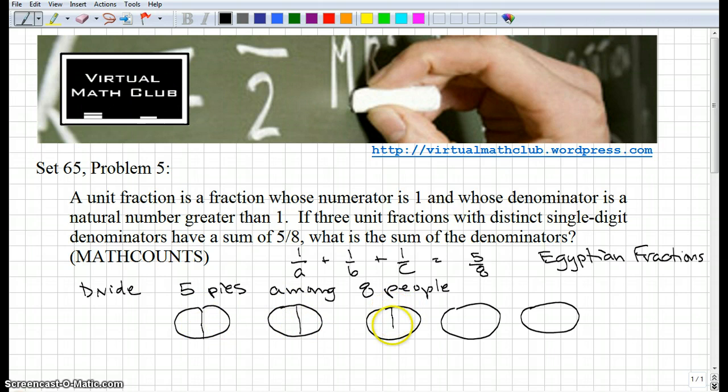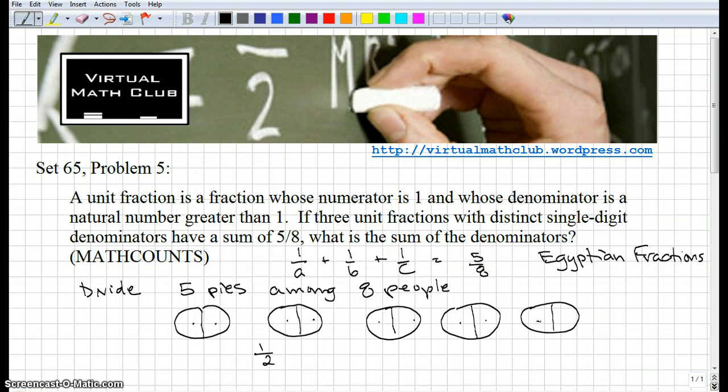We divide 5 pies in half and end up with 10 pieces, and we could give 1/2 to each person. There's 1, 2, 3, 4, 5, 6, 7, 8, right? So each person would get 1/2 of a pie, and then we'd have this one pie left over.